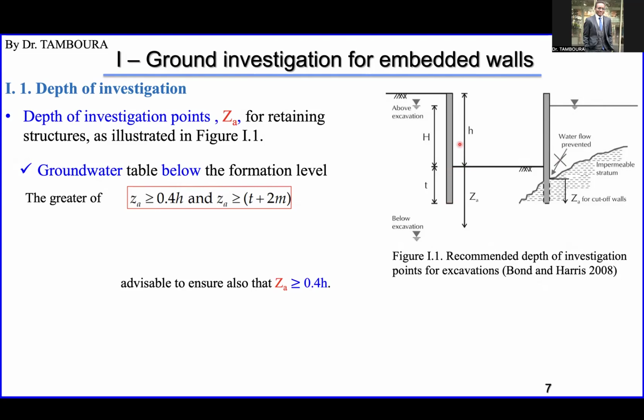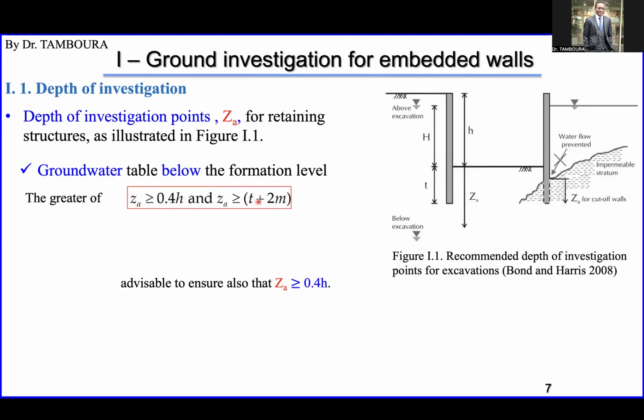H is the part of the wall above the excavation, and T is the part of the wall below the excavation. So 0.4 times H or T plus 2 meters.